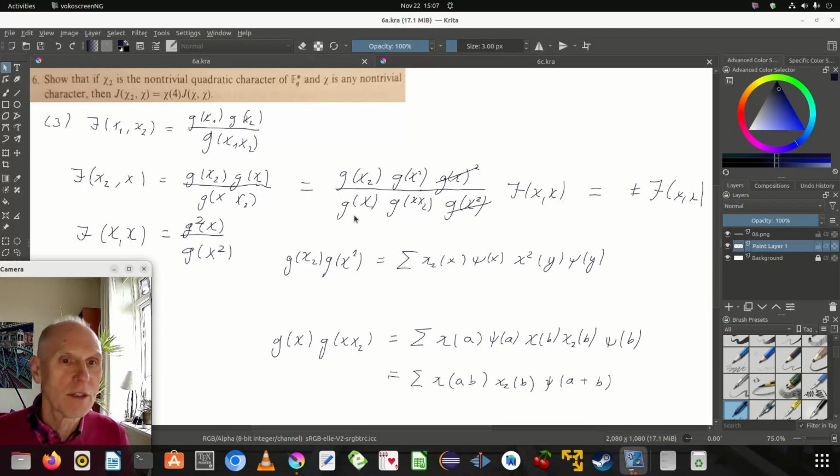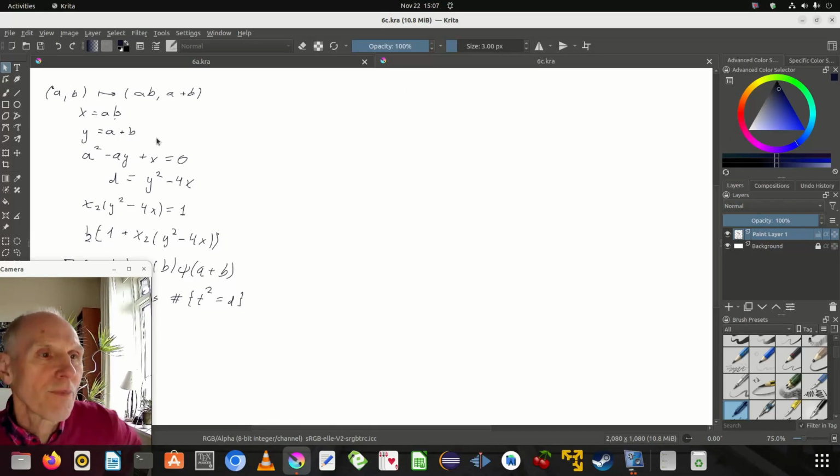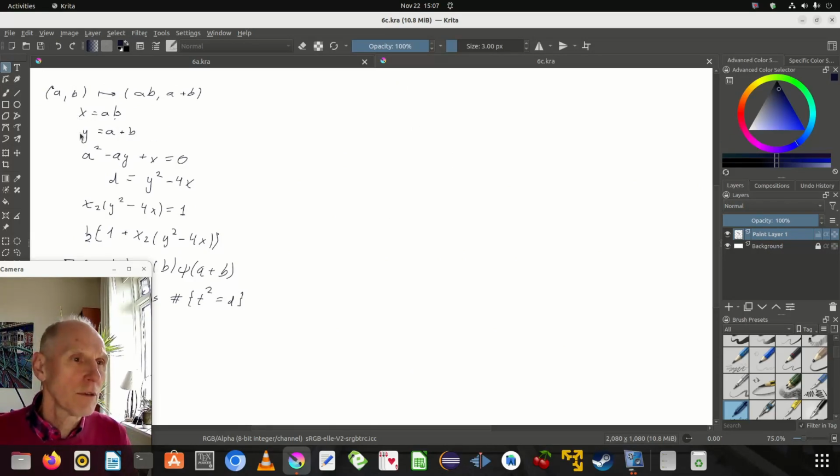I've been working on problem 6 without solving it. I've been stuck working on the numerator and denominator here. One thing I tried was, of course, reducing this a little and then checking the values of a, b, and a plus b, and having a result of the map, let's see if we can go back.